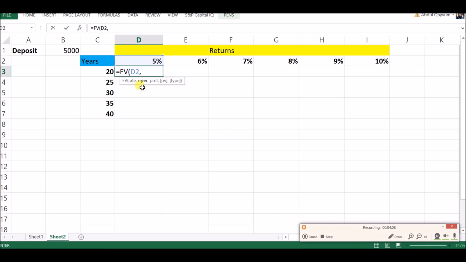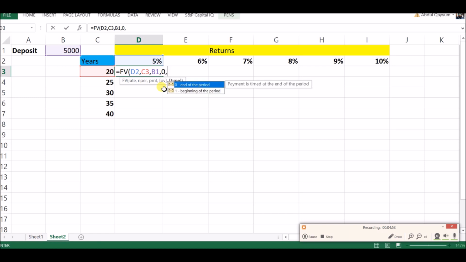Then it will ask for n periods, which are 20 years, so we give it the location where our periods are present. Then it will ask for the payment, which is 5,000, given in this cell. Then it will ask for the present value. If our annuity has something at time 0, we put that value over here. But in this example there is no present value, so we just put 0.